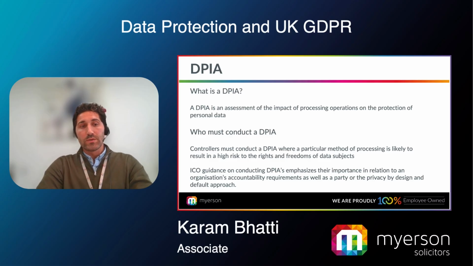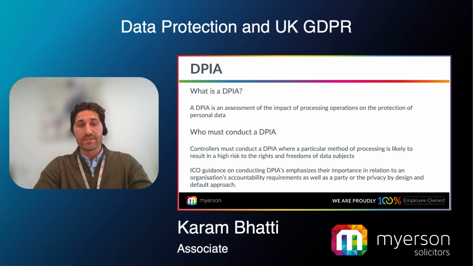Well, Article 35.1 of the UK GDPR confirms that a DPIA should be carried out by controllers who utilize a type of processing which is likely to result in a high risk to the rights and freedoms of individuals. Now, although high risk is not defined in the UK GDPR, this should be taken as referring to the risks to individuals' interests and any potential harm, and that includes non-tangible harm such as significant economic or social disadvantage.